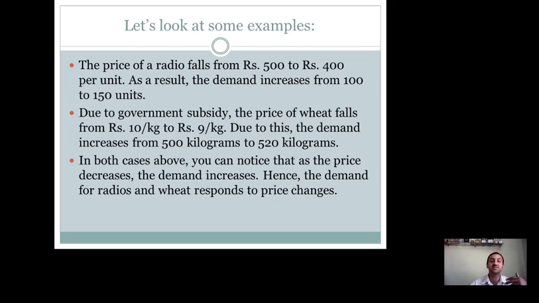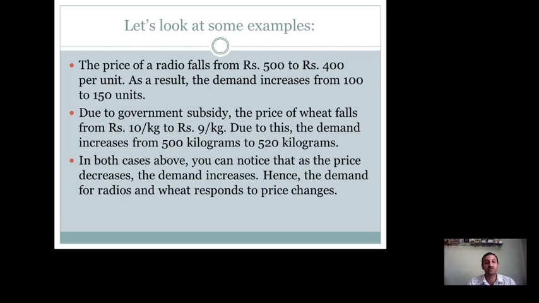Now we shall see some examples of how this responsiveness, or the elasticity of demand, practically happens, or how changes in the variable, price, will lead to change in the quantity demanded. The first example: the price of a radio falls from rupees 500 to rupees 400 per unit. As a result, the demand increases from 100 units to 150 units.